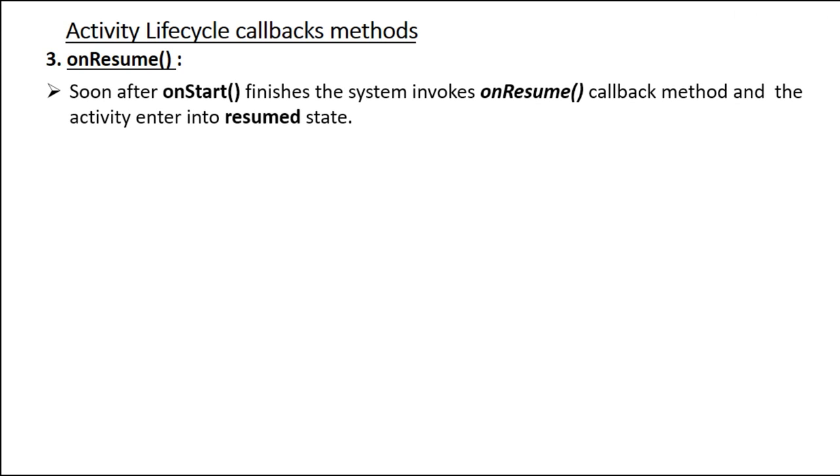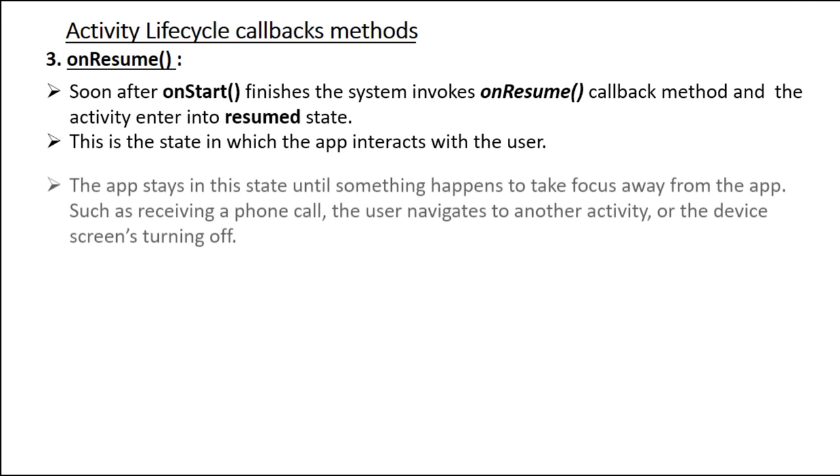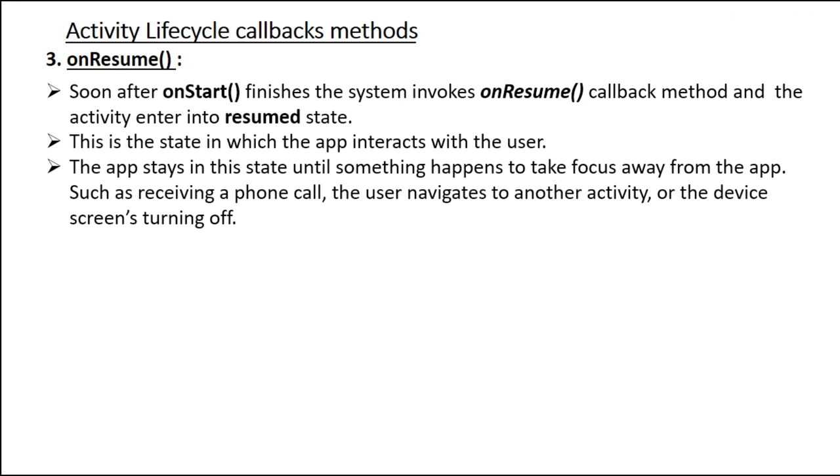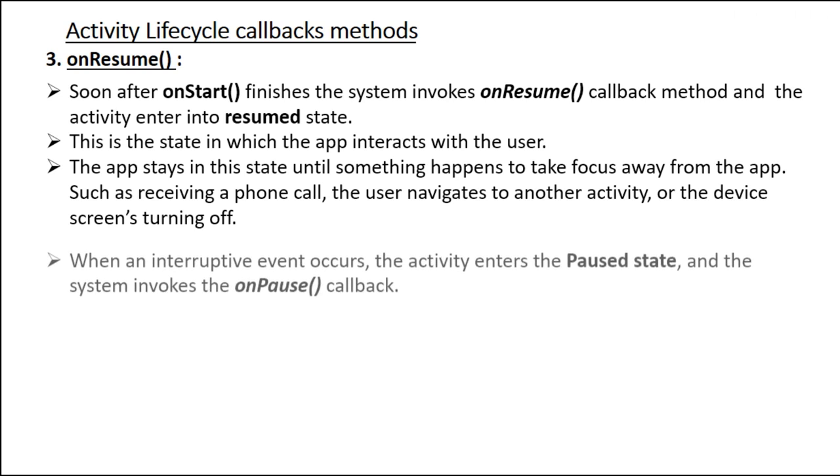The third method is the onResume method. Soon after onStart finishes, the system invokes the onResume callback method and the activity enters into the resumed state. This is the state in which the app interacts with the user. The app stays in this state until something happens to take focus away from the app, such as receiving a phone call, the user navigates to another activity, or the device screen is turning off.